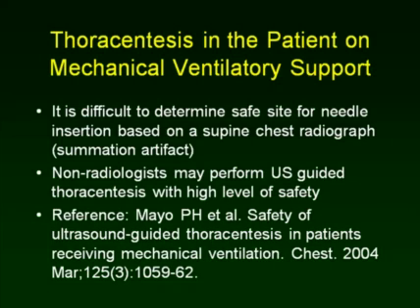And for the intensivist, it's very difficult to determine a safe site for needle insertion based on supine chest radiography. There's a summation artifact, they're rotated, underpenetrated. You don't know if it's an effusion, an area of consolidation, or both, or veil-like radiodensity from soft tissue artifact. These films are our curse.